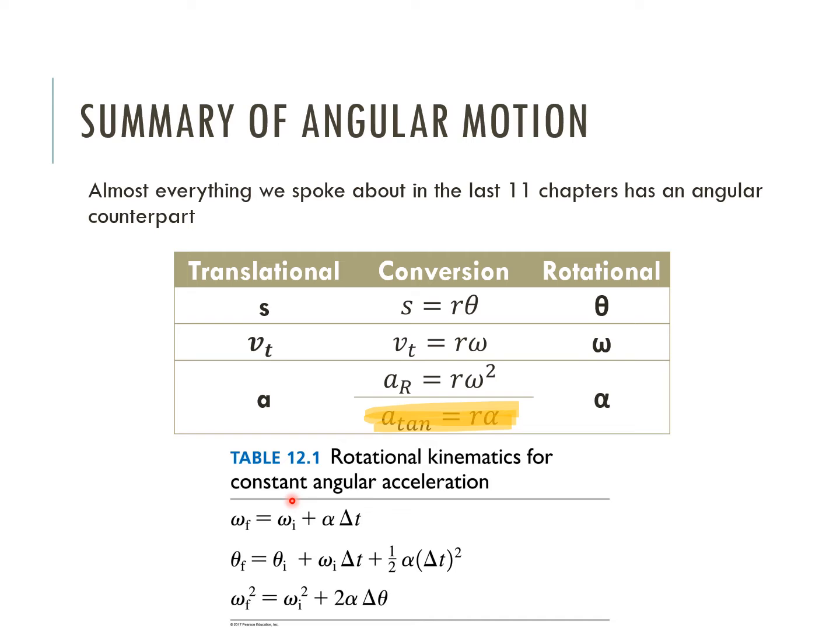And it turns out you get the same exact equations, but with the rotational variables. So we can use these in the exact same way we did before, just making sure we used omega instead of v, theta instead of s, x, y, z, r, whatever we had. Time doesn't care what we're doing, so time can stay the same, and alpha for a. We can use the equations in the exact same manner we learned about in the second week of class. Same exact way.